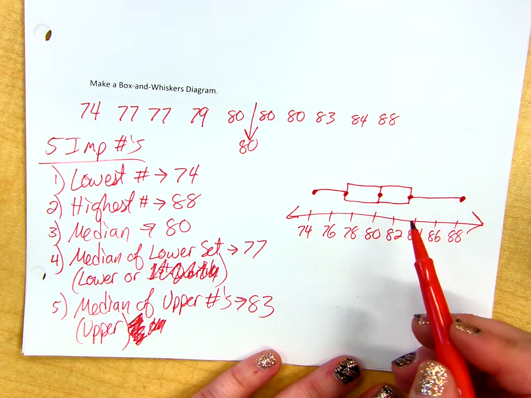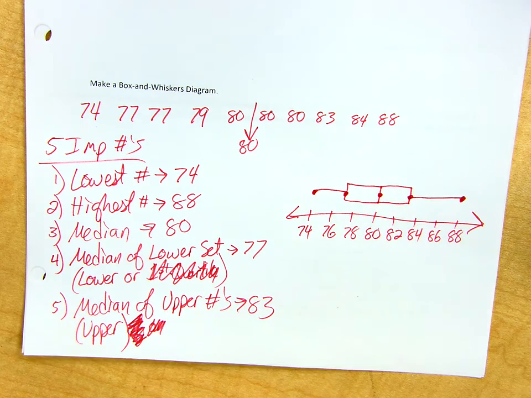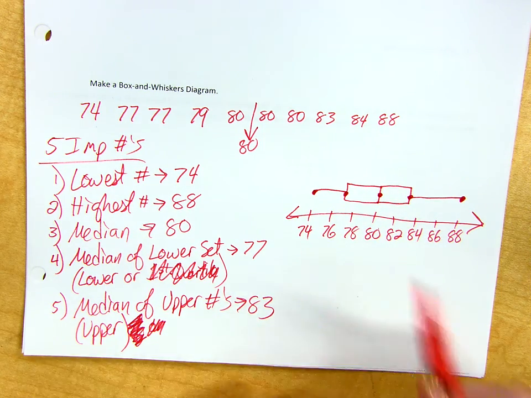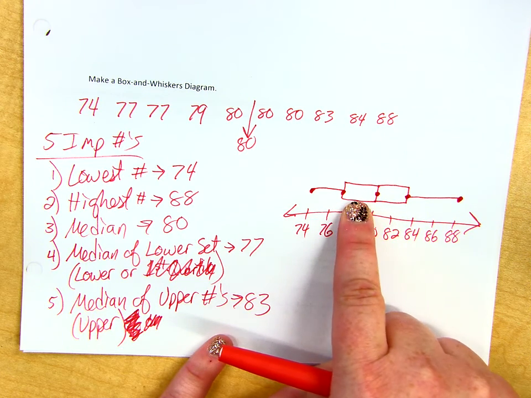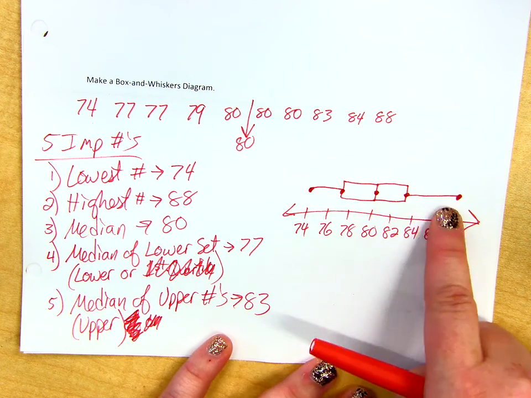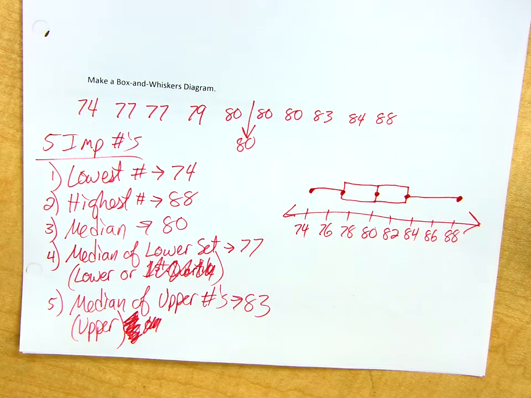What about the boxes? That's the middle 50% of the class. Each piece is 25%: the lower 25%, the next lower 25%, and the highest 25%, and you get what I'm saying. So the boxes are my middle 50% of the class.